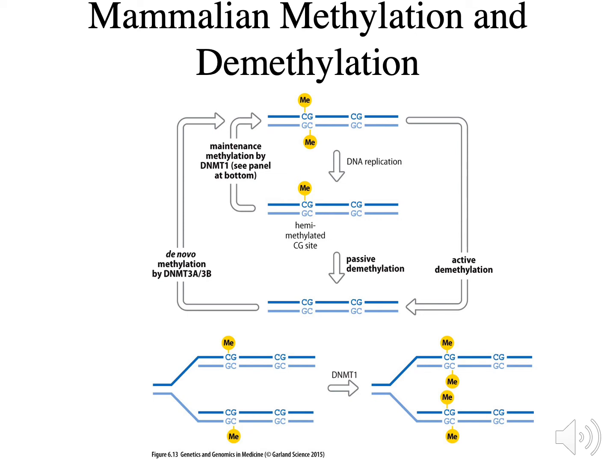But in the newly synthesized DNA, the methyltransferase DNMT1 is there to maintain that methylation pattern, to add those methyl groups on the newly formed strand. Unmethylated DNA can also be generated by active demethylation processes at certain stages of development. So this is a good summary slide to depict that process of methylation and demethylation. It's a very dynamic process.